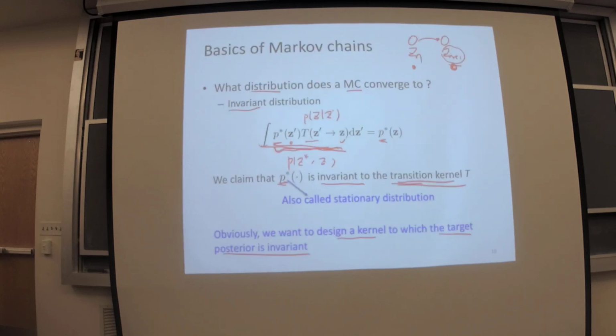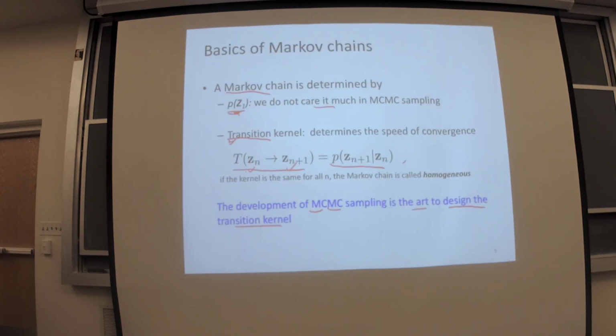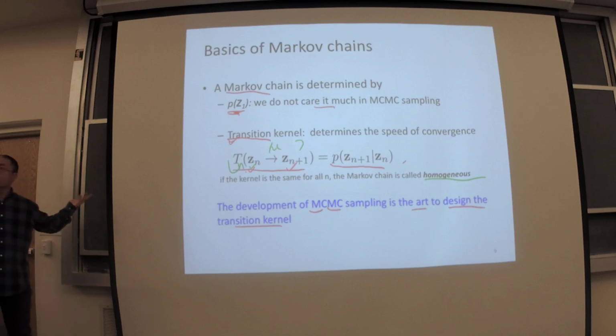So what is a homogeneous Markov chain? It basically says the transition kernel has nothing to do with the current step. If it is a function of n, it's called inhomogeneous. Like if you use a Gaussian to transit from Zn to Zn plus 1, whatever Zn is, the transition is just the same distribution.